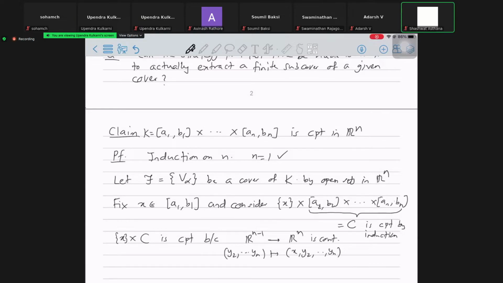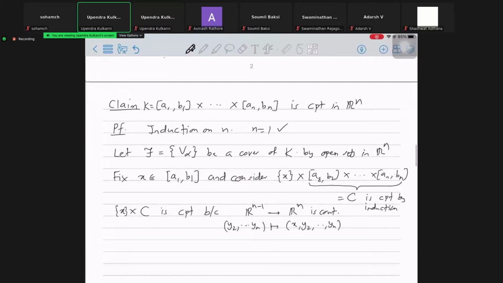Okay, why is this function continuous? Because each function is continuous: f of x1 is constant, which is continuous, and f of x2 equal to x2 is continuous, kind of like that. Yeah, so we really have to do this more precisely. So, exercise.